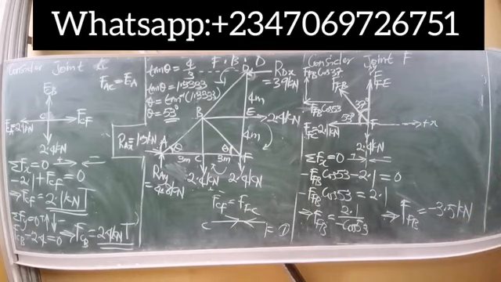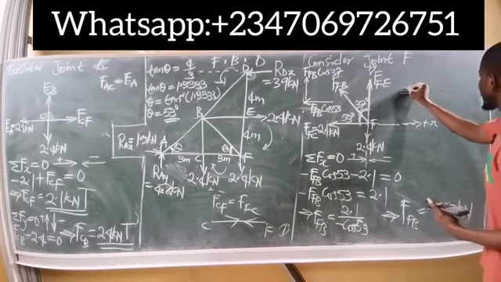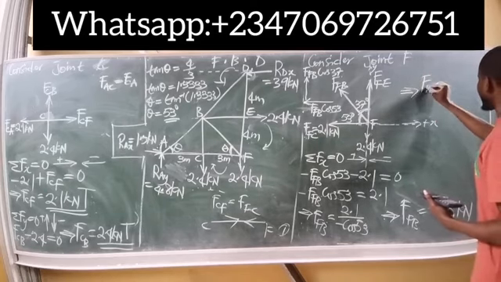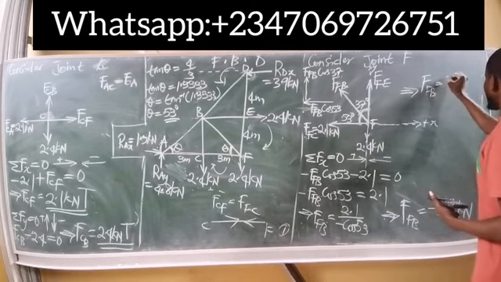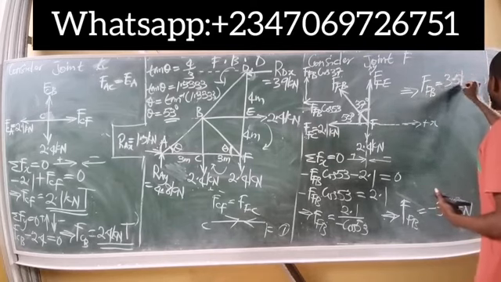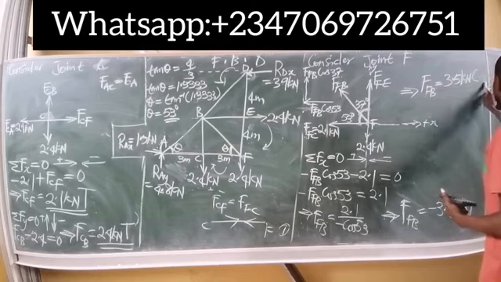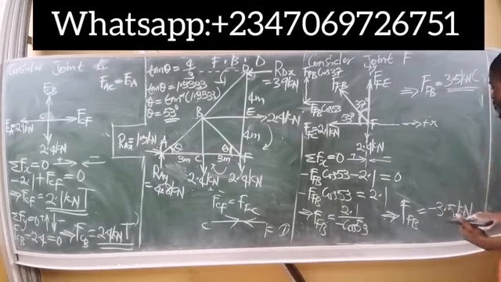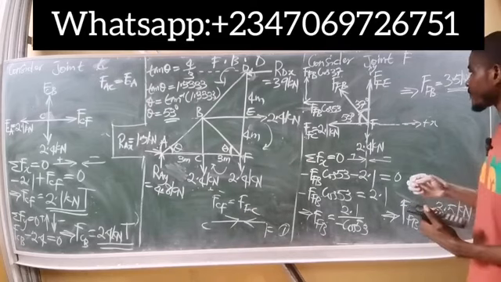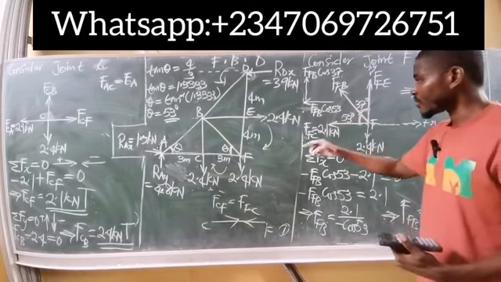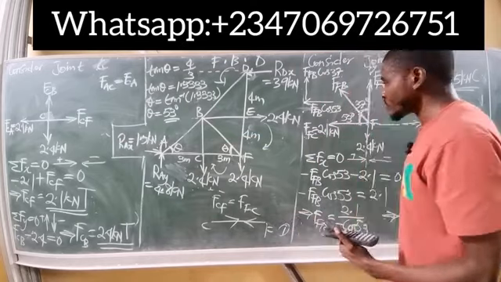It only means that the force in that member is not supposed to be in tension. It's actually in compression. So the force in member FB is 3.5 kilonewtons C, for compression. It's a compressive force that exists in that member. So that is the equation. The question says we should find the force in member FB, which we found using the joint method.